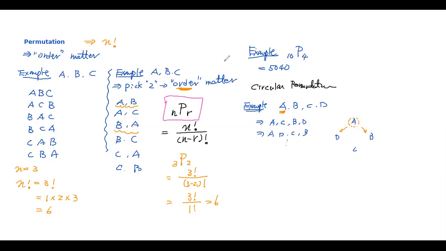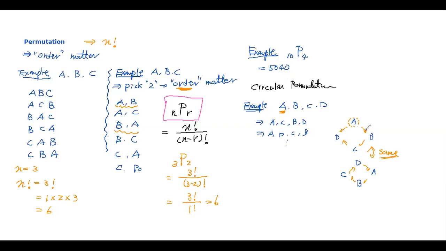So for the circular permutation, if I put A here, D here, B here, and C here, these arrangements, to me, I would treat as the same. Why?